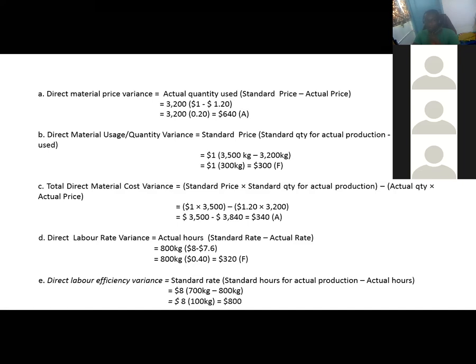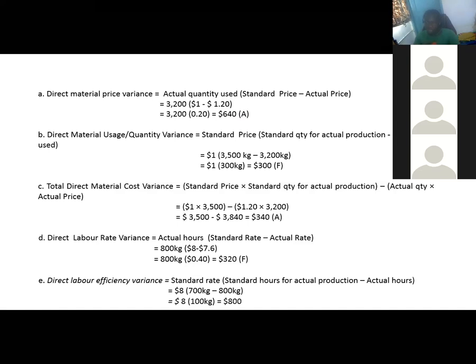Please, 640. All right, $640. Then you write into bracket adverse, or you just put A. The A stands for adverse, or it's telling us that your figure is unfavorable.